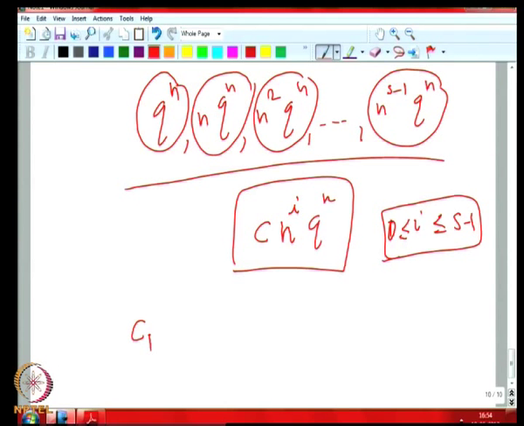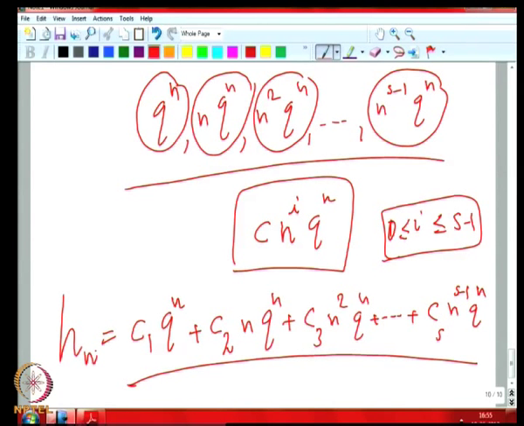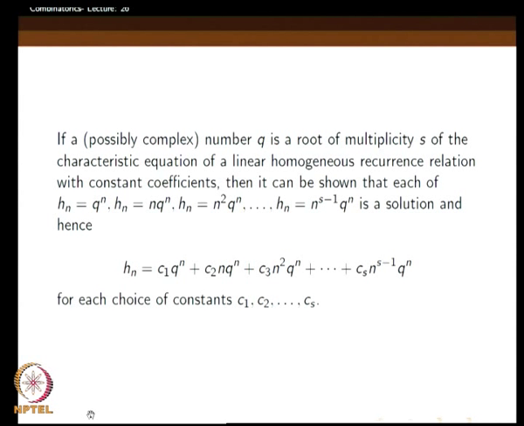So, we can infer that c1 times q raised to n plus c2 times n times q raised to n plus c3 times n square times q raised to n, up to cs times n to the power s minus 1 into q raised to n will also be a solution for the recurrence. And this will work for any choice of c1, c2, c3 and cs, right.